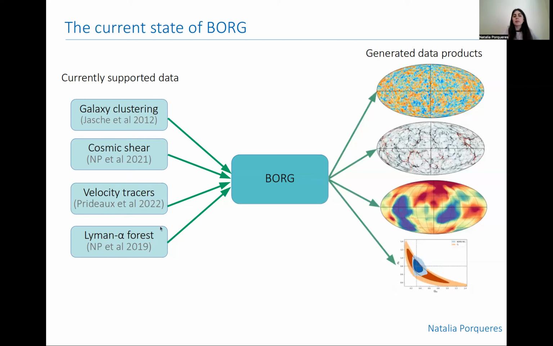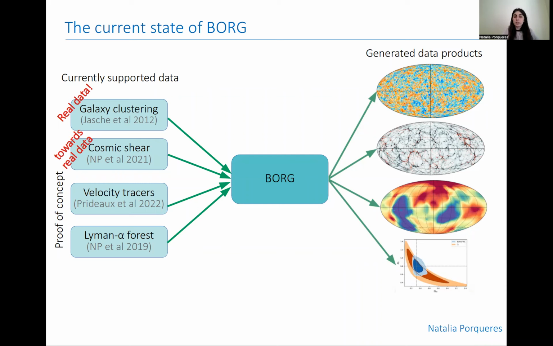So we could, in principle, combine all these data sets with Borg and generate maps of the initial conditions of the universe, of the dark matter distribution, velocity fields, and constrain the cosmology. The current status is that the galaxy clustering has already been applied to real data, and the rest of the modules are at proof of concept stage, but the cosmic shear is moving towards real data.